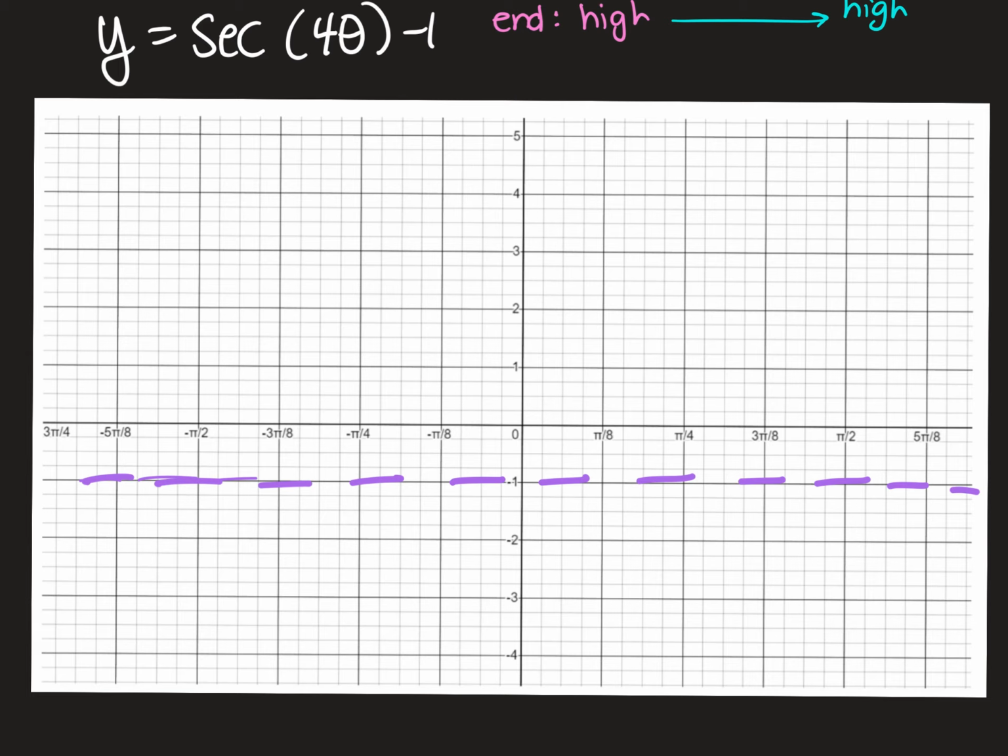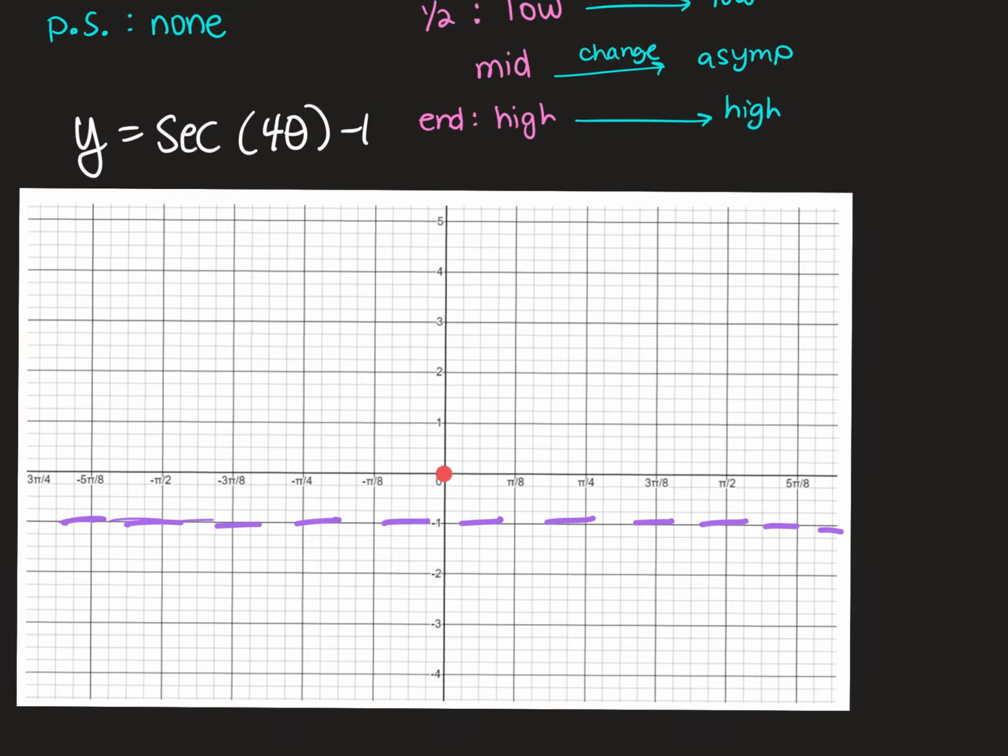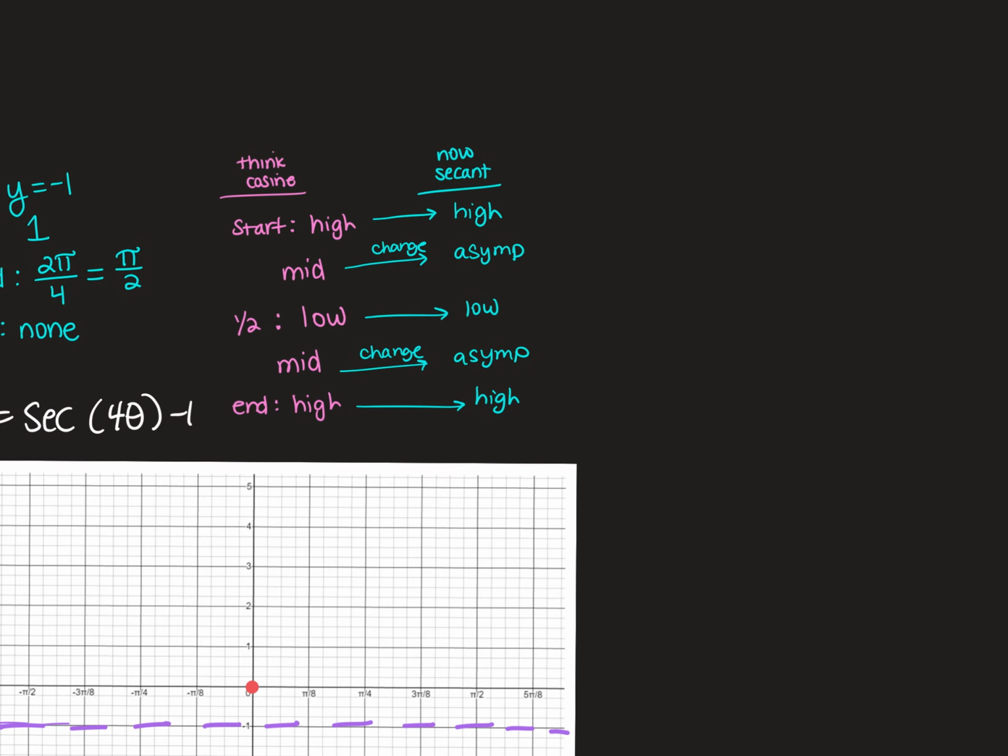So I'm going to begin and end a cycle of secant at its highest point. Now, it begins at 0. And let's go back up here for a minute. I just want to make sure we add something to this. All of this happens within pi over 2 units. That entire cycle happens within pi over 2 units. So that's important to remember.